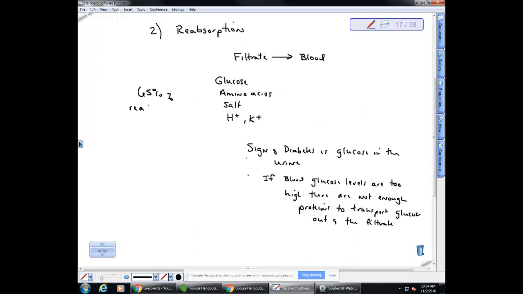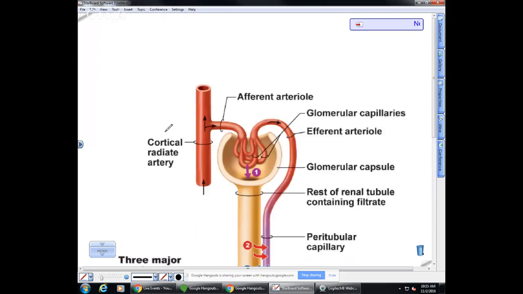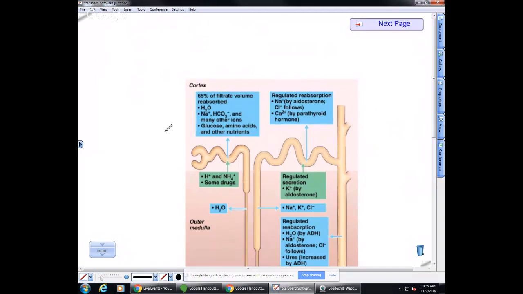takes place in the PCT. So that's the proximal convoluted tubule. Some of that reabsorption takes energy, some of it is passive. So if we look at a diagram that shows that reabsorption in your book, okay. So the blue is showing reabsorption.